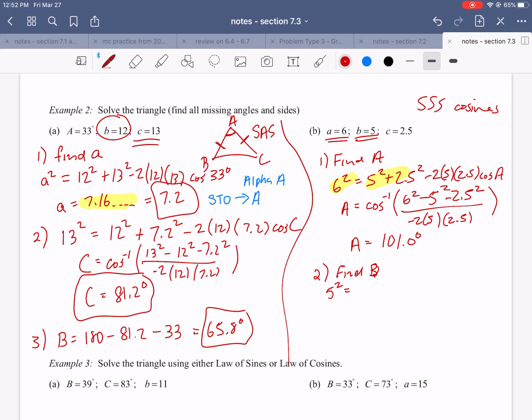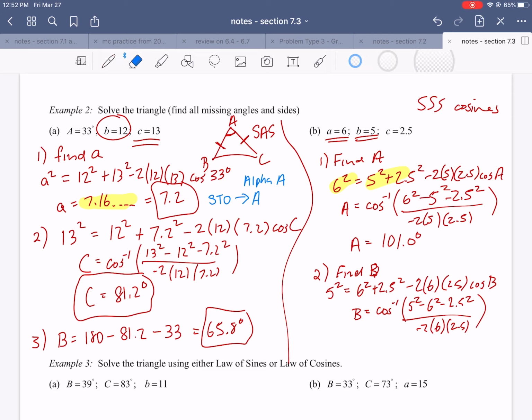So 5 squared is equal to 6 squared plus 2.5 squared minus 2 times 6 times 2.5 times the cosine of capital B. Doing the rearranging algebraically, cosine inverse of, starting with the left-hand side, 5 squared, subtracting over the two squareds, and then dividing by the number in front of cosine. So negative 2 times 6 times 2.5.